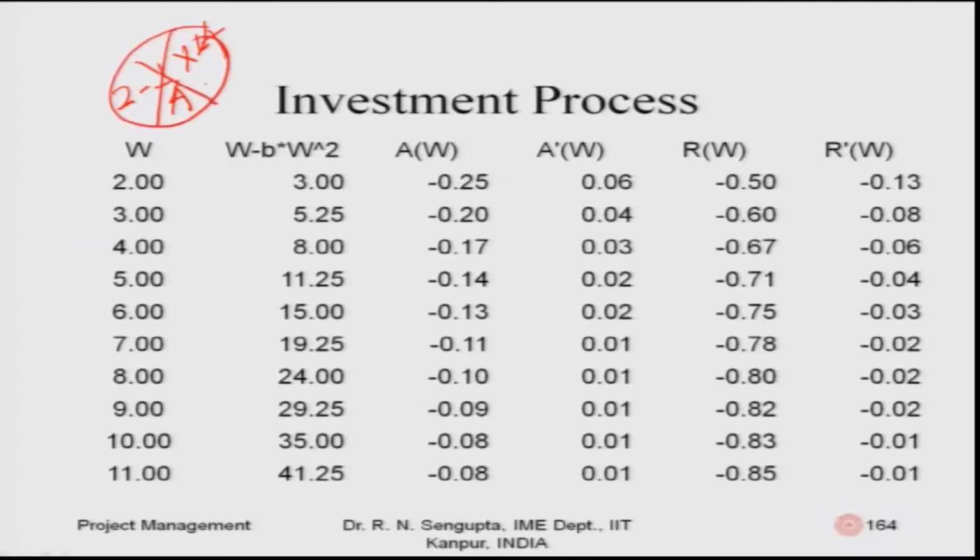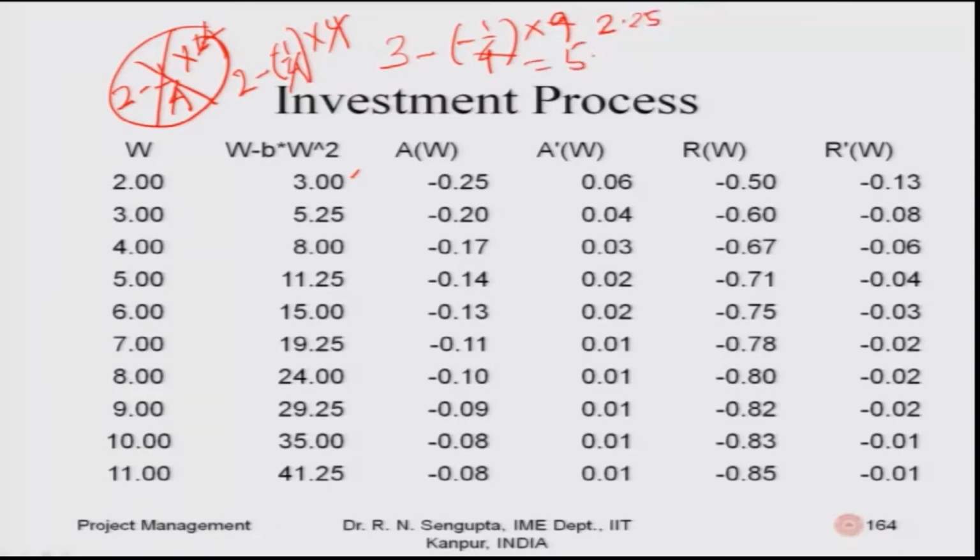So, I consider 2 minus of minus 1 by 4 into 4, which is the square. This 4 cancels, minus minus becomes plus, so 2 plus 1 becomes 3. Let us come to the second one. 3 minus of minus 1 by 4 into 3 3s are 9, so 4 2s are 8, and 2.25.